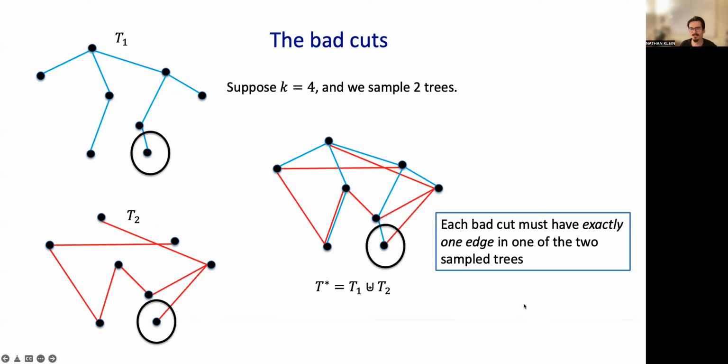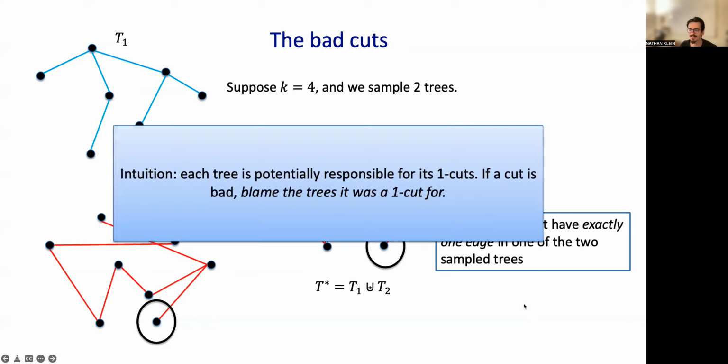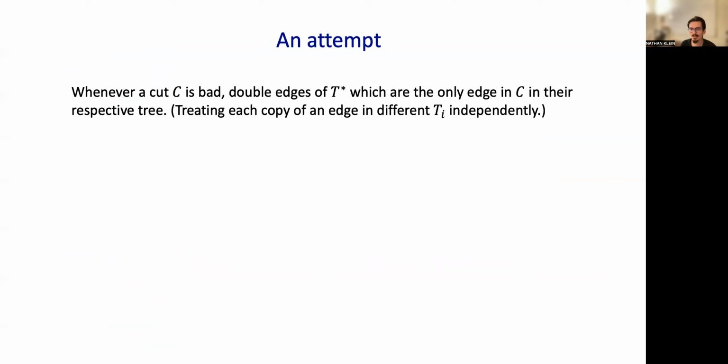And let's work with the intuition that we blame the trees which had exactly one edge across the cut. And in fact, we blame the set of edges which are alone across this cut in their respective tree. I know it's really like the fault of the edges that didn't appear, but these are the ones that showed up, and so they'll have to take the fall. And now what's the natural thing to do?